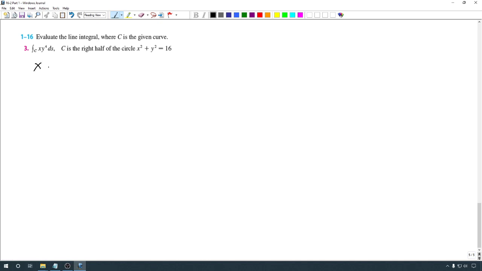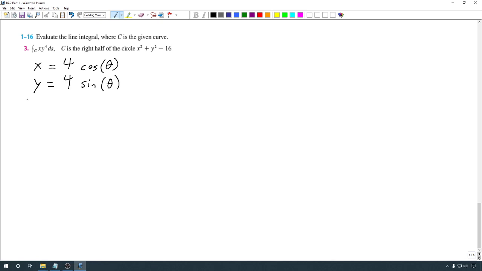Essentially, we set x equal to something cosine theta, and y equals something sine theta. Of course, cosine and sine are really good for the unit circle. This is not the unit circle. It is centered at the origin, but it has a radius of 4. So we end up having to multiply our trig functions by 4.